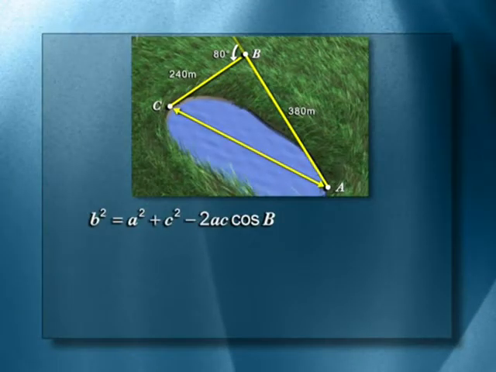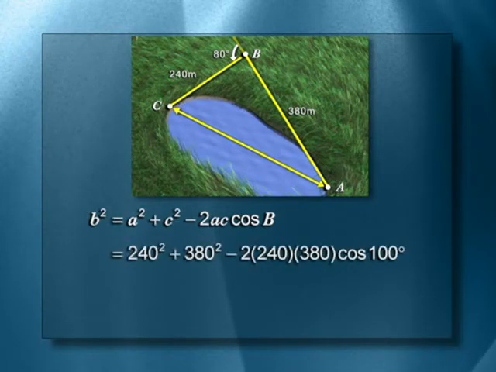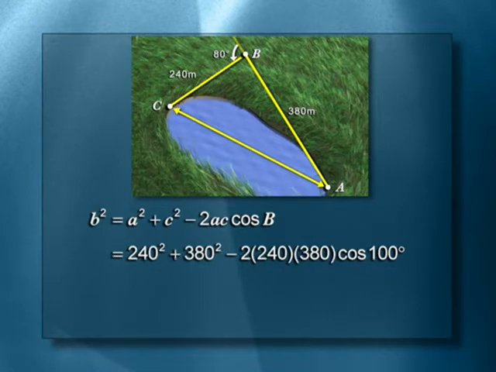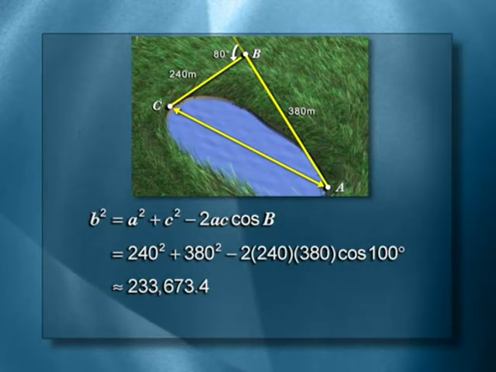B squared equals A squared plus C squared minus 2AC cosine B. That's a statement of the law of cosines. And plug in the characters, 240 squared plus 380 squared minus 2 times those numbers, 240 times 380, times the cosine of the included angle, which was 100 degrees. Punch that on our calculator, we get a big number, 233,673.4.